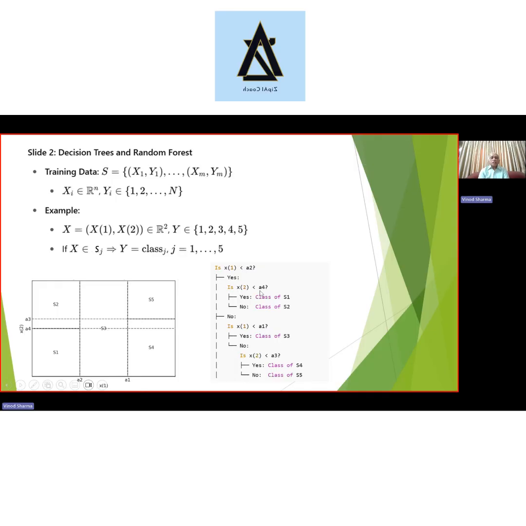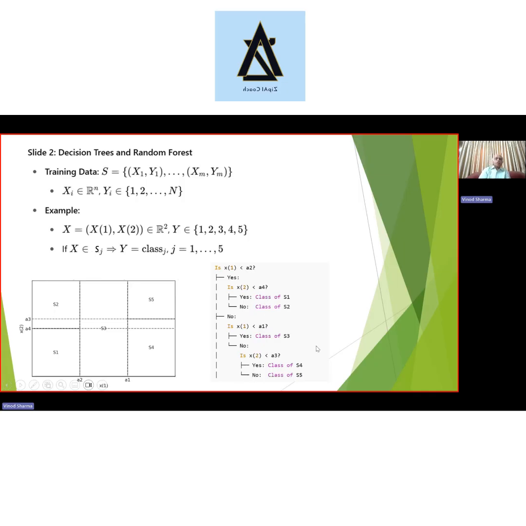If that is also less than A4, and if the answer is yes, then x will be classified as class 1. As you can see from here, if x1 is less than A2 and x2 is less than A4, then that x falls in this rectangle and the class is 1. If x1 is less than A2, yes, but x2 is not less than A4, then the class will be 2, as you can see here, and so on.